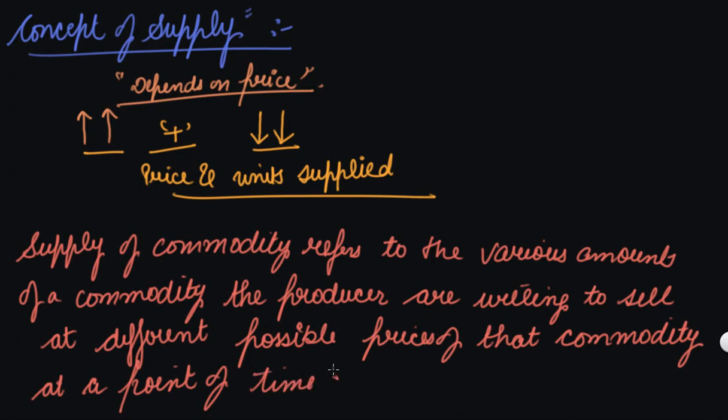So whatever your producer is willing to sell at the various prices, your units of output, that is the supply, right?